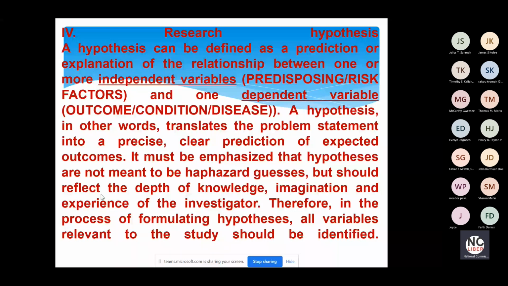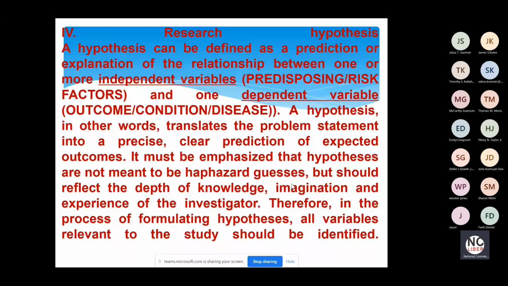You have clear imagination and experience. And when people see it, they should be able to know that yes, you know what you're talking about. Your idea is clear, and then when you are selecting the hypothesis, you have to look at all the important variables that you will be using.